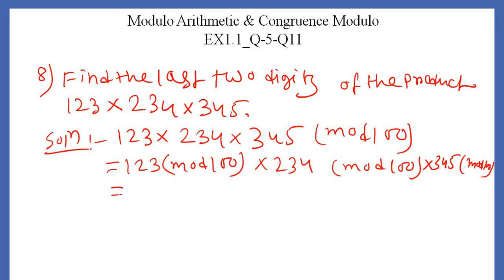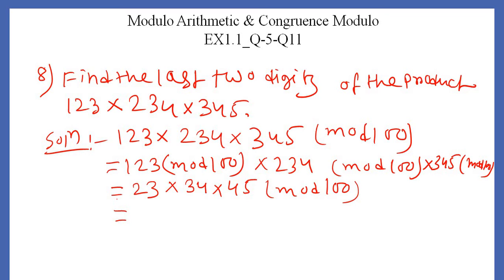Now if we divide 123 by 100, then the last two digits would be the remainder, so 23. The next term's remainder would be 34, and the next term's remainder would be 45 mod 100. Now each of the numbers individually is less than 100, so we multiply these numbers, then find the remainder when we divide by 100.